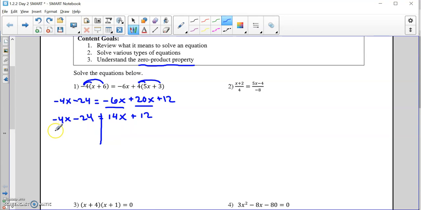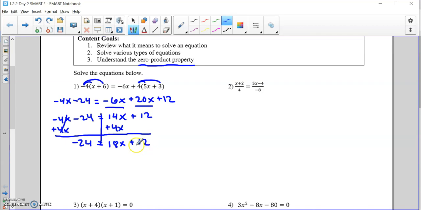So what we can do is add this 4x to both sides. Okay, because it's negative, that's why I chose to add it. And then on the left, we're left with negative 24 equals 14x plus 4x is 18x, and that 12 is just going to stay as is. Okay?